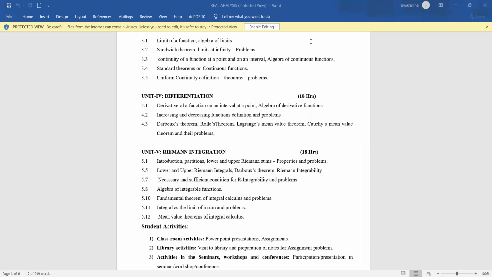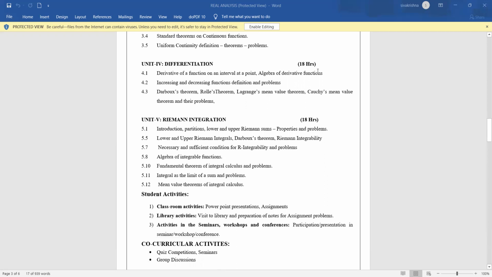We have different theorems to say that f is a Riemann integrable function. All these theorems come under Riemann integration, and we also have some problems. That is unit number 5.